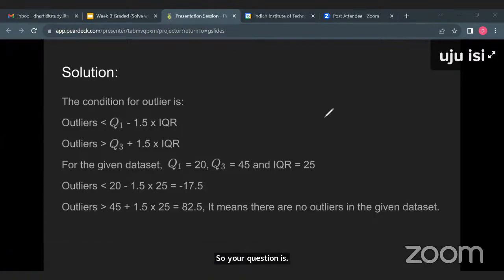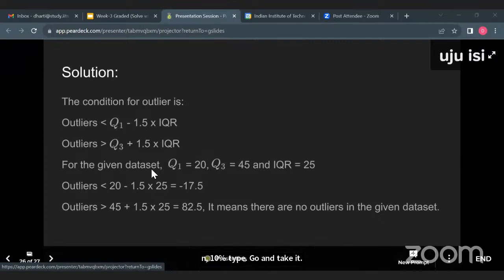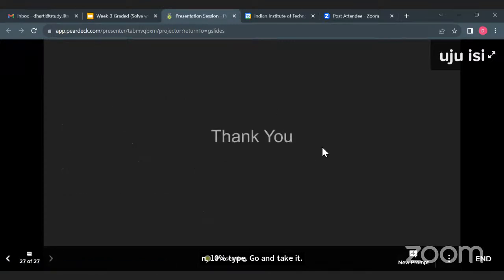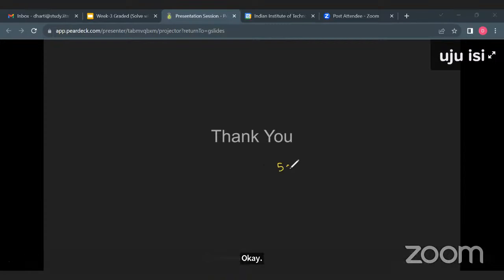So they have given you the 50th percentile also?